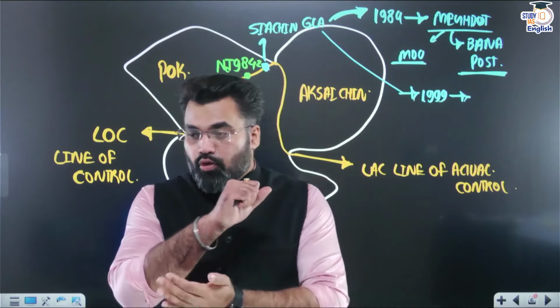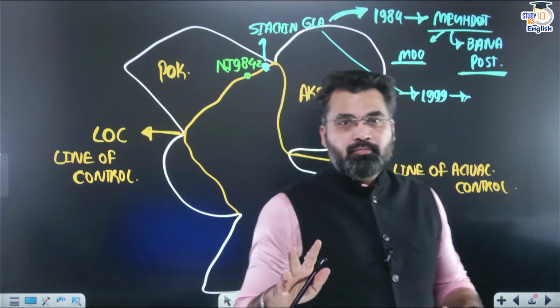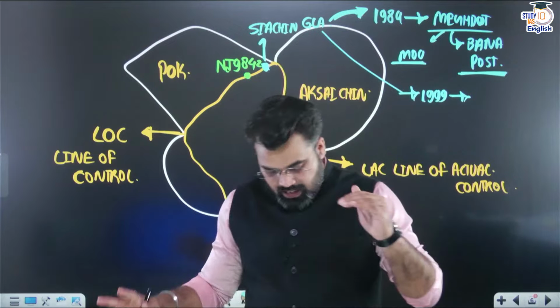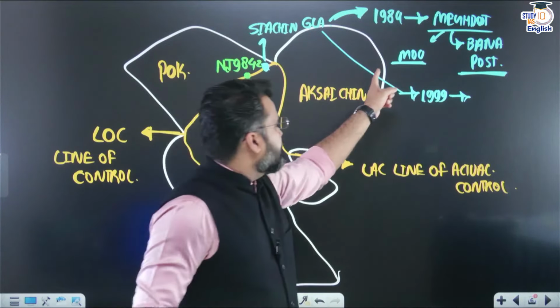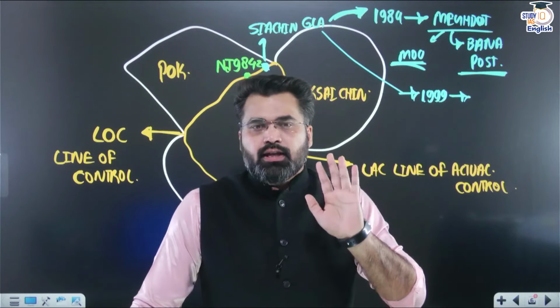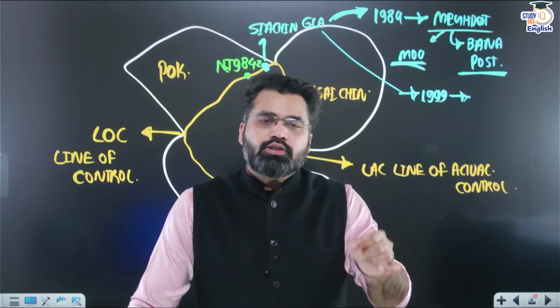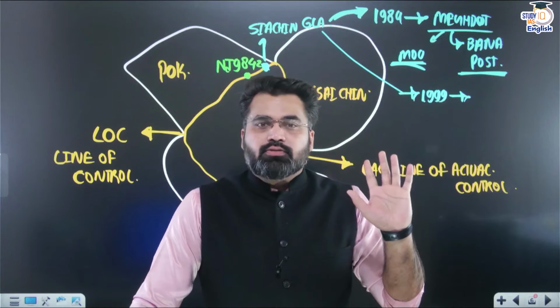Just imagine, bone marrow also solidifies in that part during winters. Very harsh climate, uninhabitable climate, at least for humans. We signed a treaty with Pakistan that we will leave that part during winters, and after winters, the exact positions will be occupied by the respective nations.